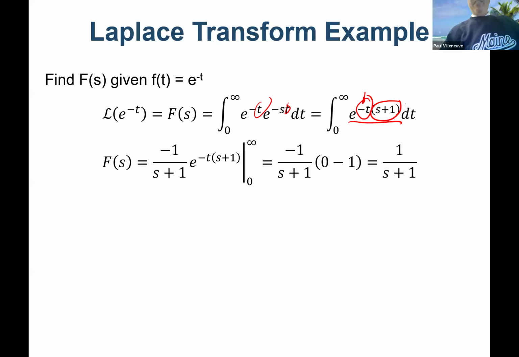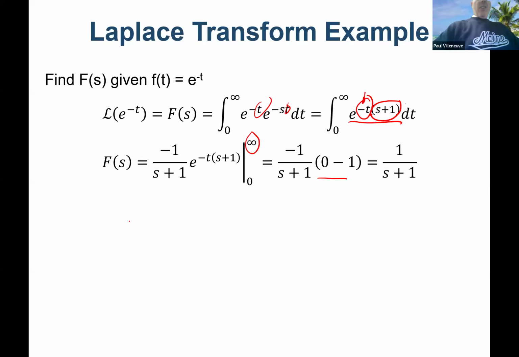And then I have my negative sign because technically there's a negative also associated with that. So the final integration is negative 1 over s plus 1, e to the minus t times s plus 1. Now I have to evaluate at my integration limits, which means this upper integration limit gets plugged in first, and then I subtract the evaluation at the lower integration limit.